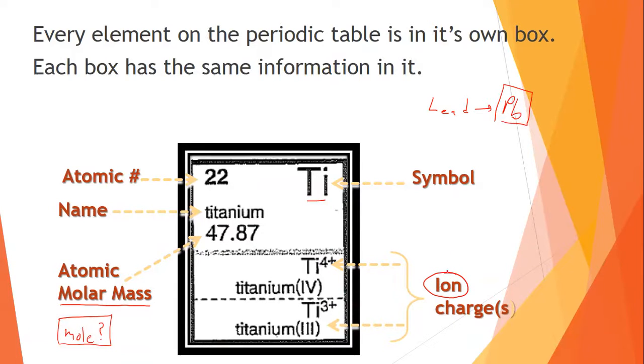Now an ion is a particle with a charge. Okay, so ions can either be positive or they can be negative. And again, we will talk about why this occurs later on. All right, but these charges will become extremely important when we start talking about a special type of chemical bonding called ionic bonding.